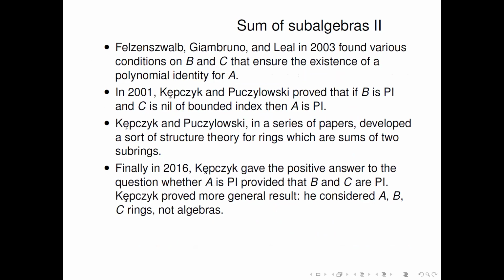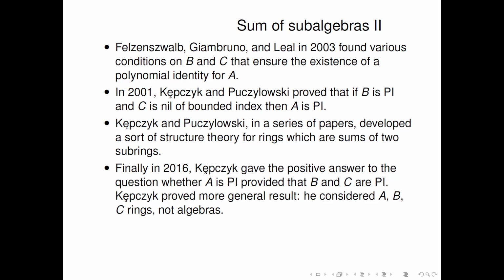Then in 2003, Felzenszwalb, he's a Brazilian, by the way, Giambruno and Leal, found various conditions on these subalgebras B and C that ensure the existence of a PI for the algebra A. In 2001, Kępczyk and Puczyłowski of Poland proved that if B is PI and C is nil of bounded index, that is, satisfies an identity of the kind x to the n equals 0, then the algebra A is PI.